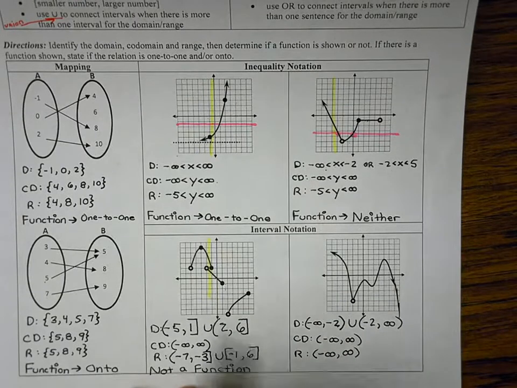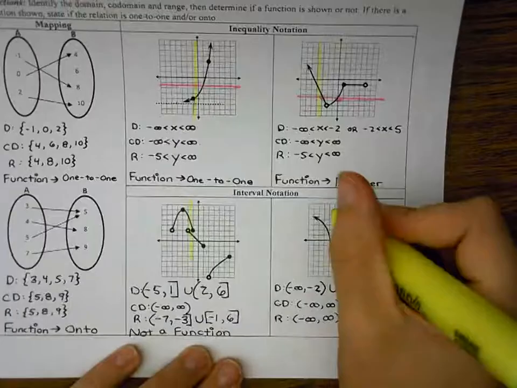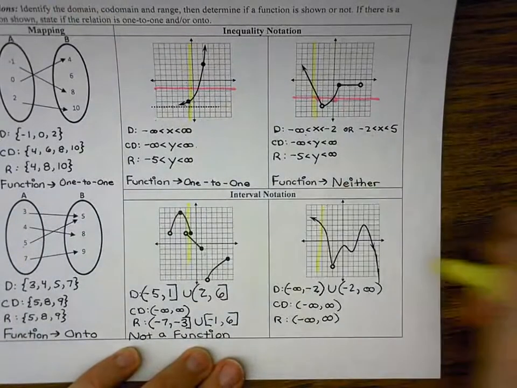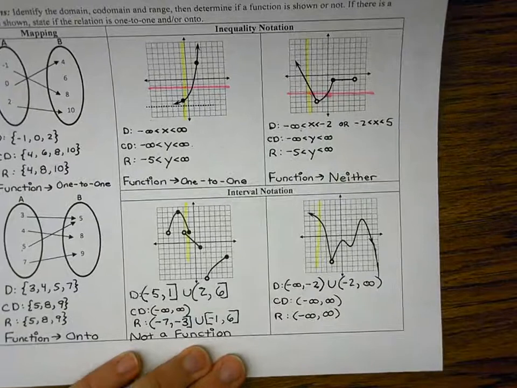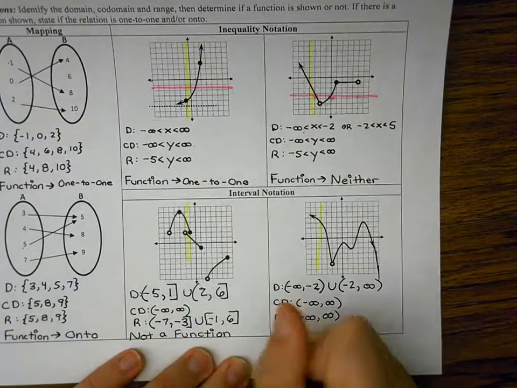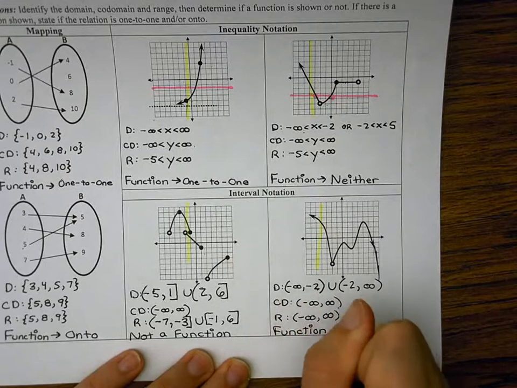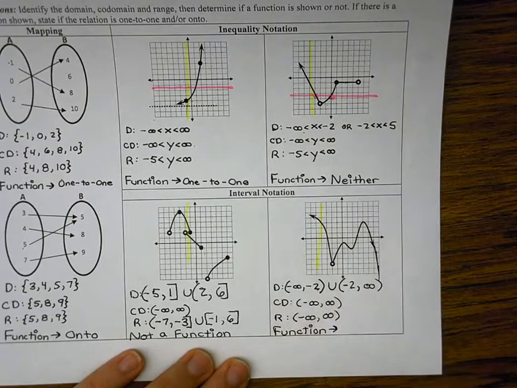Is it a function? Okay, is there anywhere where I can drop a vertical line and hit more than one point? Well, no. Nowhere on that graph will I hit more than one point, so this is a function. Is it one-to-one or onto? Well, one-to-one, is there anywhere where I can draw a horizontal line and hit more than one point?